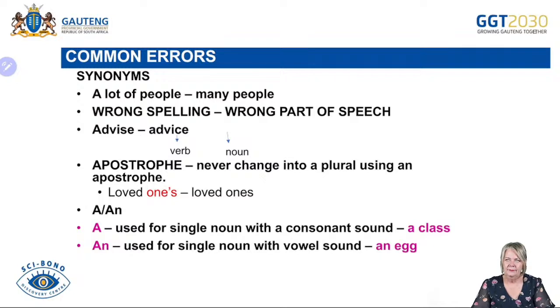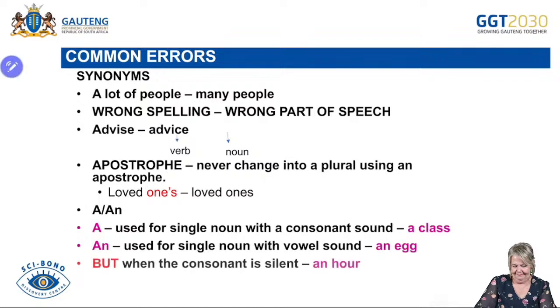An egg. All right? Yes, it is also spelled with a vowel. But when the consonant is silent, then you also use an: an hour, an honest man. Those are all silent sounds. And even though it's spelt with a consonant, the sound that you hear is a vowel sound.